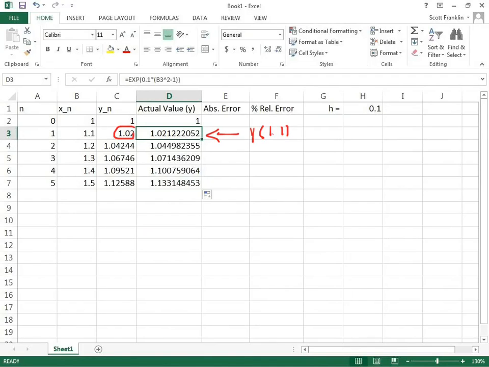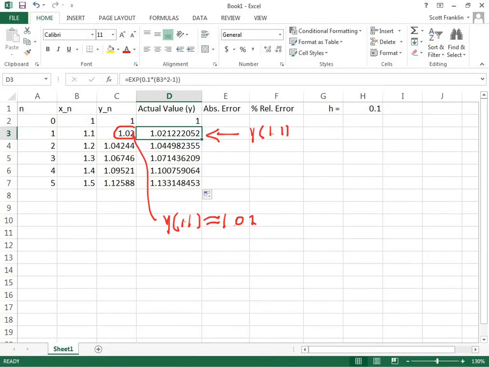Whereas this number right here is y at 1.1 approximated. Euler's method guesses, using its little strategy for following a line, that the value at 1.1 for my solution should be 1.02. What's the actual value at that point? 1.021222052. That's the actual value.